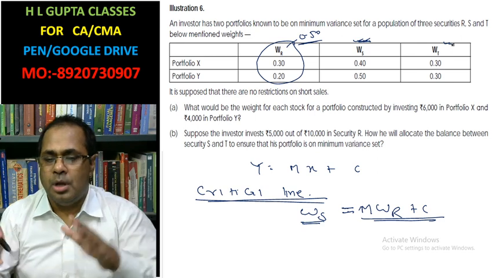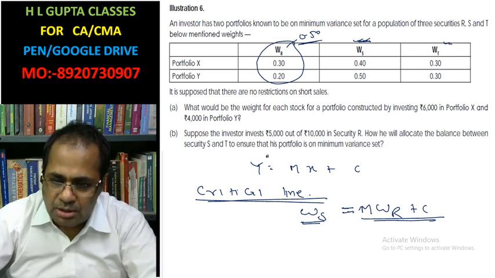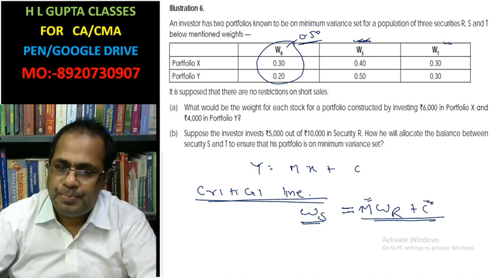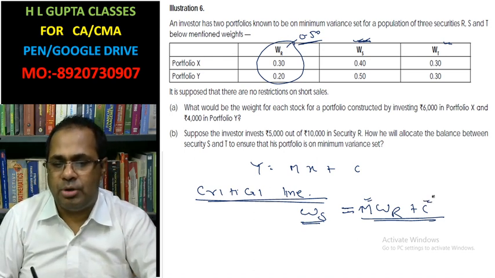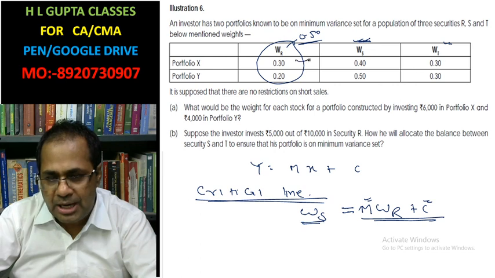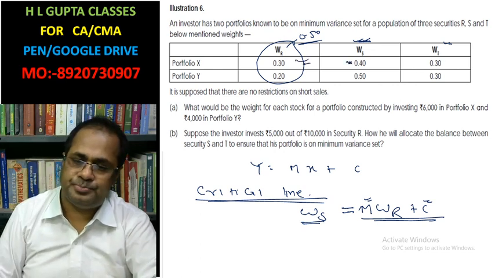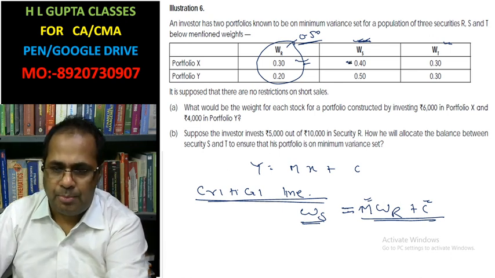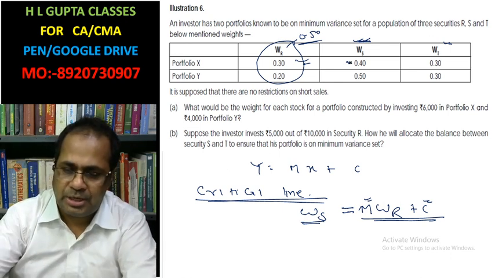Now the question is, how will you calculate the values of M and C? These values are calculated as per the given information. What information do you have? Please look at it.